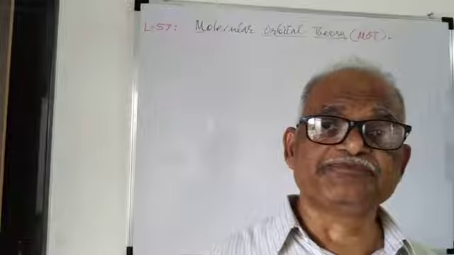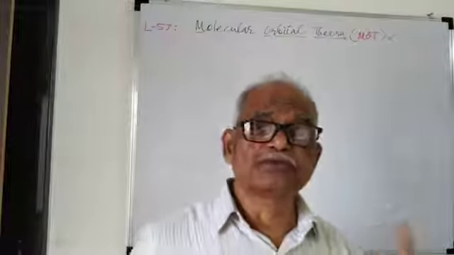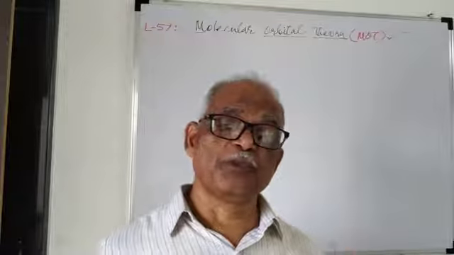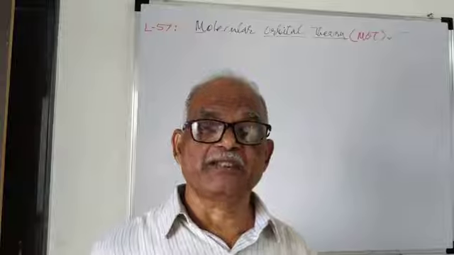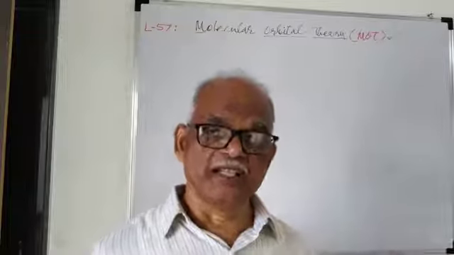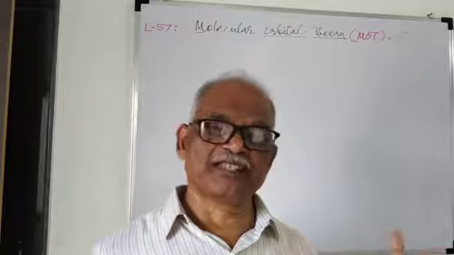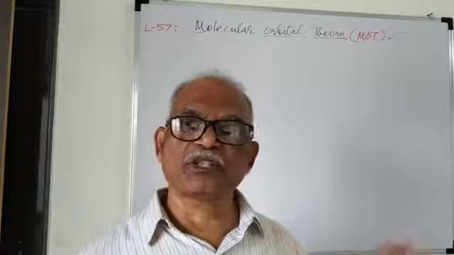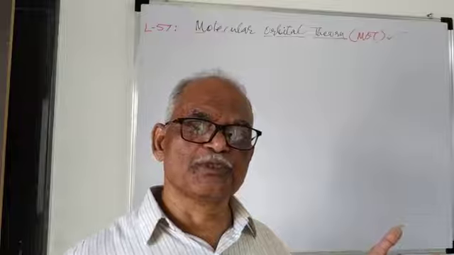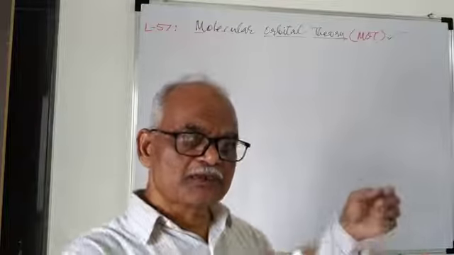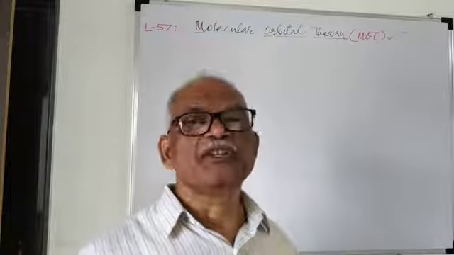Again, we found that as we move from lithium to neon, the atomic number increases. Similarly, the nuclear force of attraction exerted on the valence electrons also increases. As a result of this increased attractive force, the valence electrons are pulled closer to the nucleus.